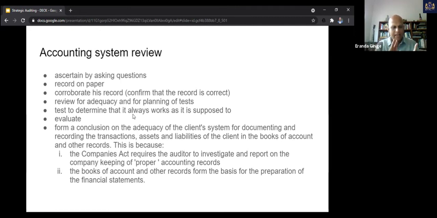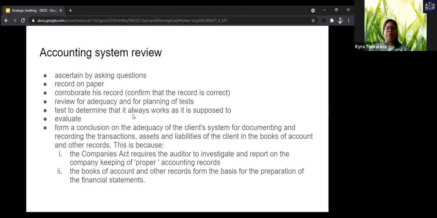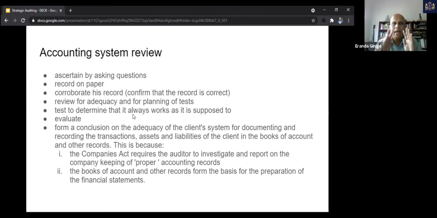So what that means is that you are going to check the system, you're going to evaluate or review the accounting system, to see if it is capable of doing what it is supposed to do. Like basic thing: is the system recording all the transactions?